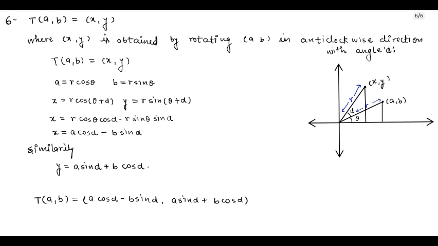Now we try to find it with the standard basis. What is the standard basis? (1, 0) and (0, 1). So let B be equal to {(1, 0), (0, 1)}. Now we find the image T(1, 0).